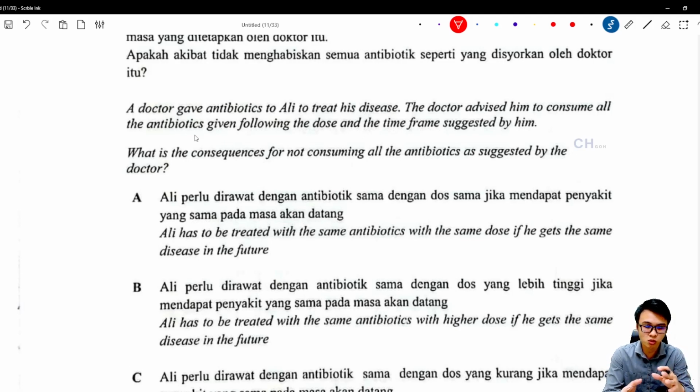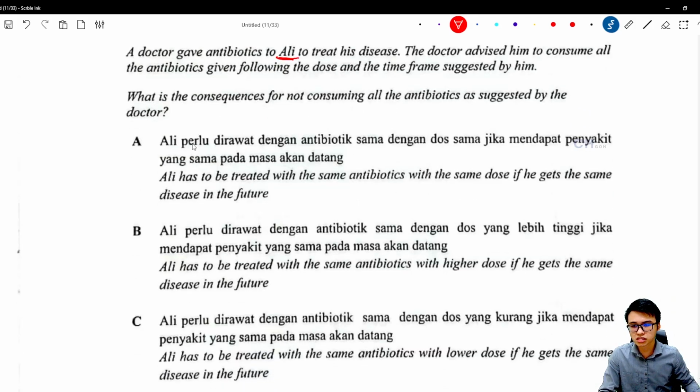What happens to those bacteria? They are going to evolve, change or mutate into a stronger bacteria, or what we call a super bacteria that can resist the antibiotic. So let's say Ali gets the disease again. The same amount of antibiotic is not going to treat his disease, so the doctor will normally add more antibiotic to get rid of it.